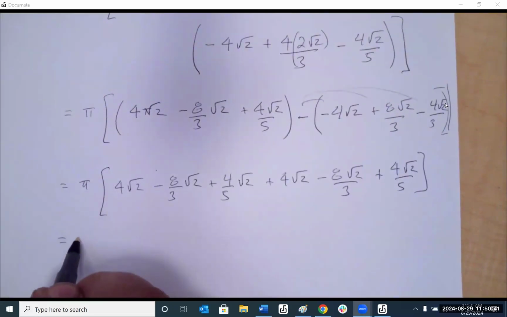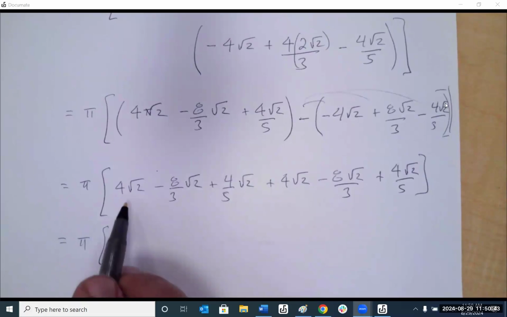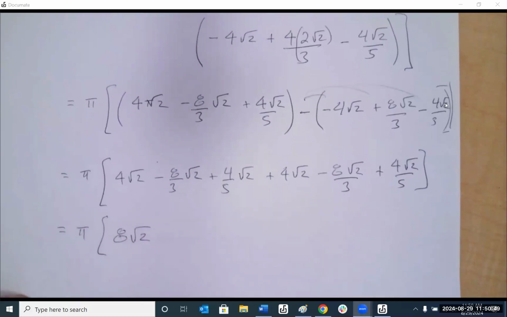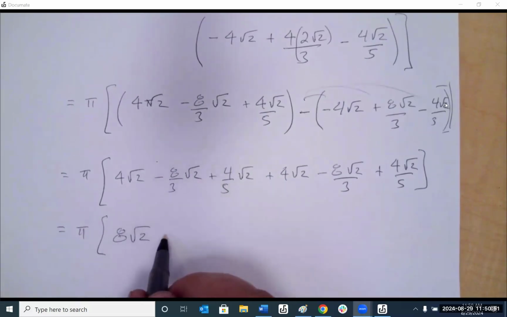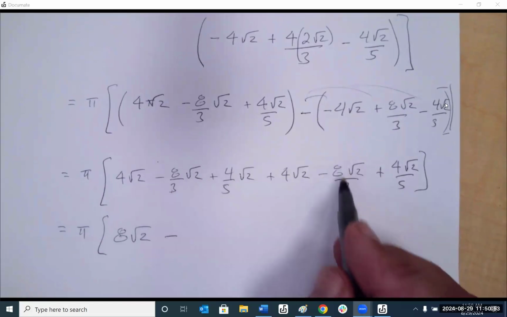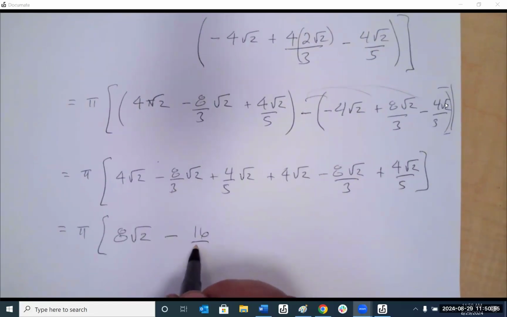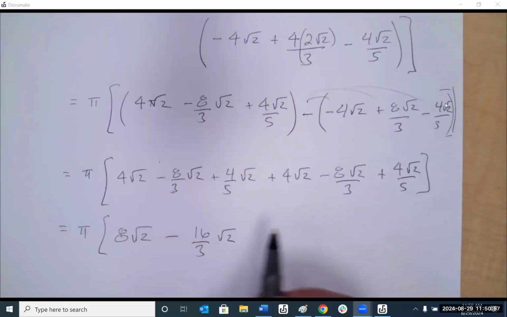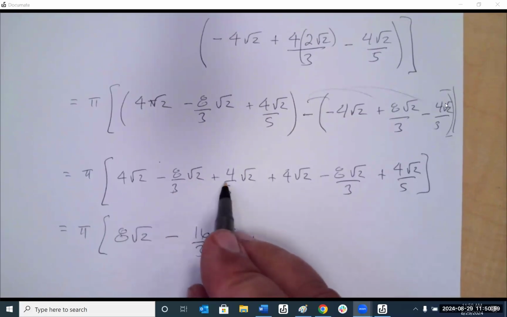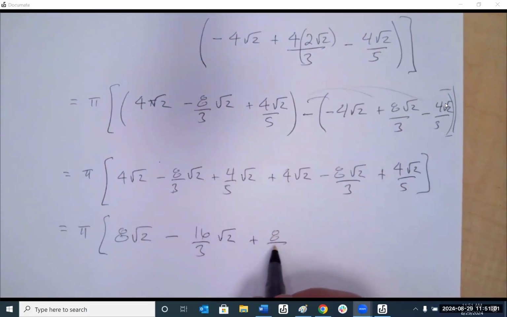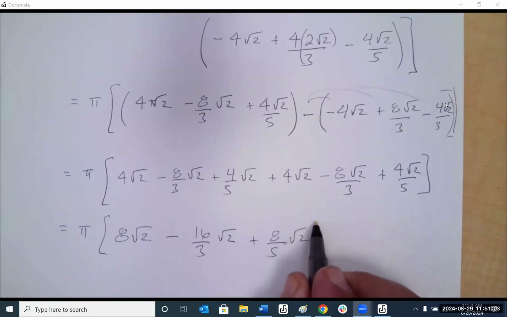Now I just combine them. 4 radical 2 plus 4 radical 2 is 8 radical 2. Negative 8/3 and 8/3 is negative 16/3. 4/5 and 4/5 is 8/5 radical 2.